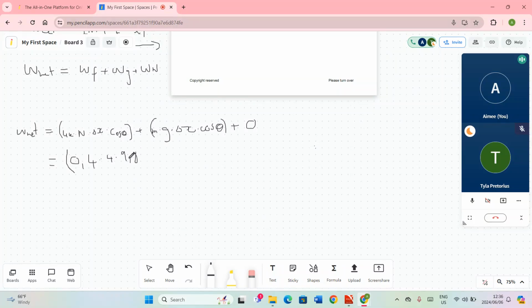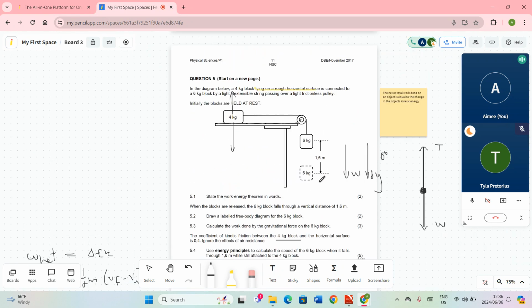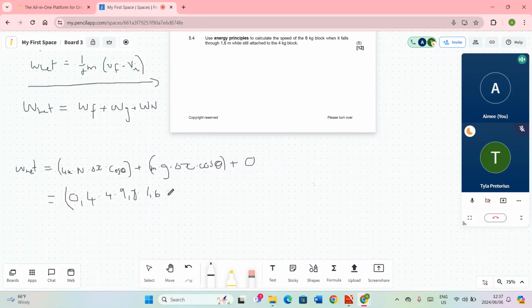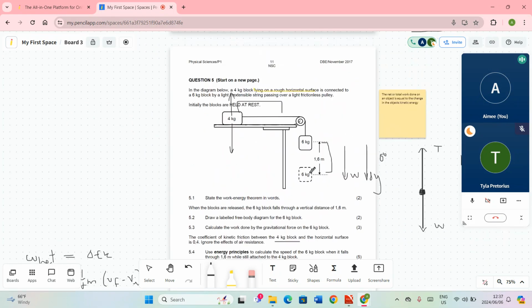Multiplied by our change in x, which if this one moved 1.6 meters, this one also had to move 1.6 meters. So we say times 1.6 times, and then cos theta is going to be the direction between your friction and basically your change in x.